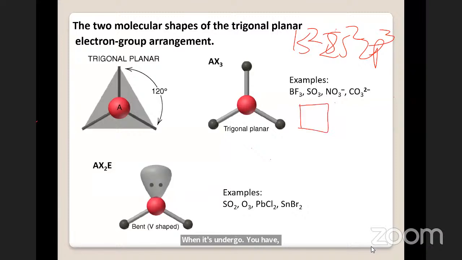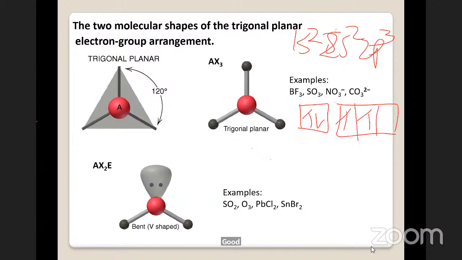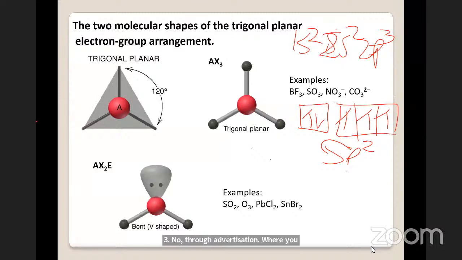Its hybridization will be 1, 2, 3, 4, 5. Now it will undergo an sp2 hybridization where you are supposed to have tetrahedral.